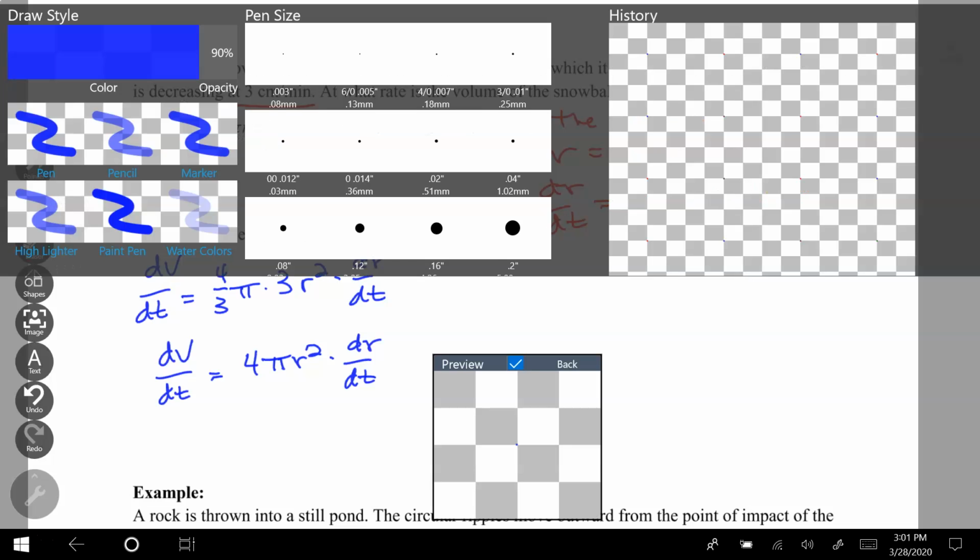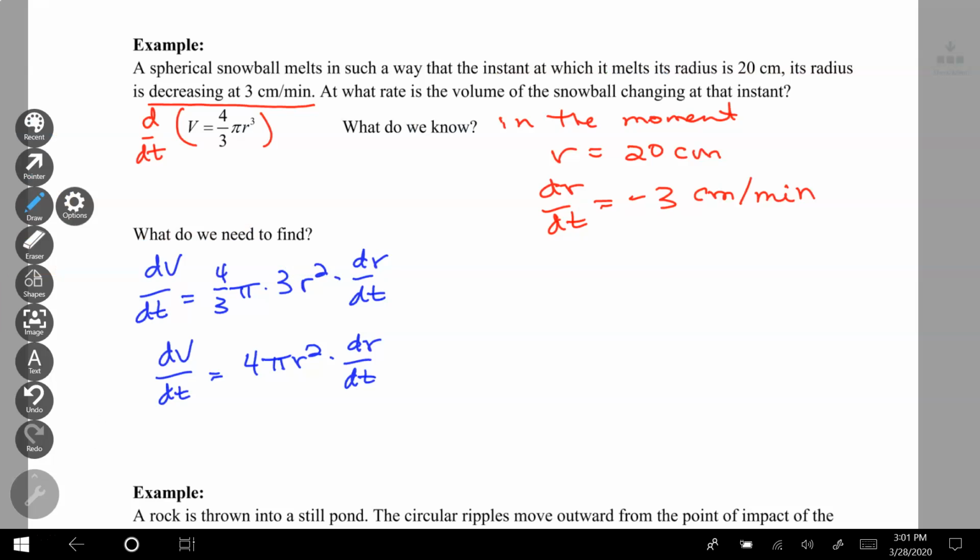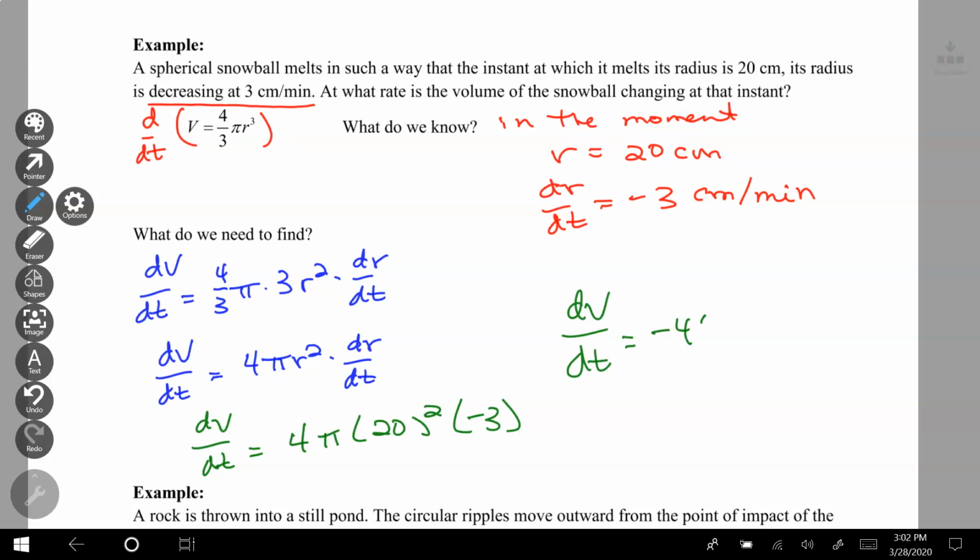Well, let's see, what do I know? I know that dv over dt will equal 4 pi times 20 squared times -3, and my final result, dv over dt will equal -4,800 pi.